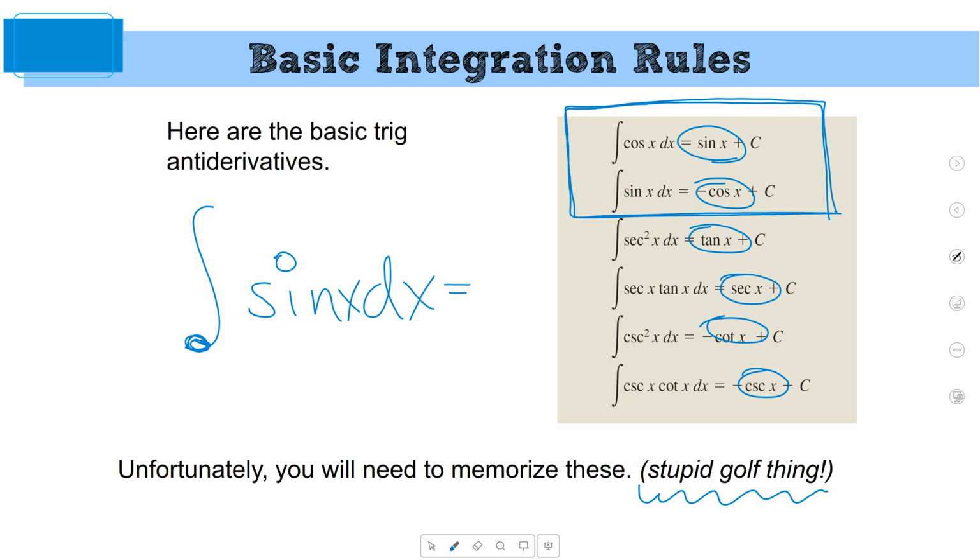So when I take the integral, I swing the golf club, and the golf ball travels so fast it's just a blur. Again, I'm not proud of it. But if it helps one student, it was worth it. Don't look at me like that.